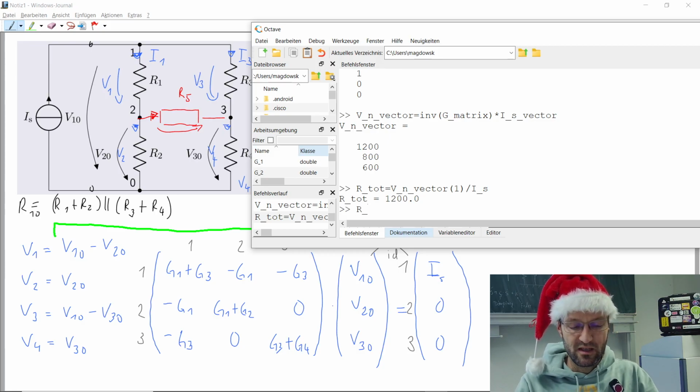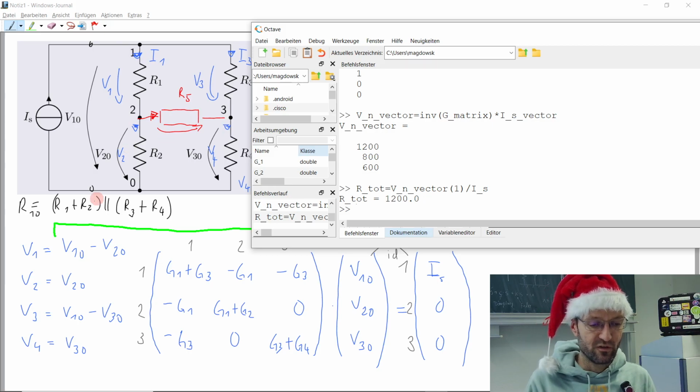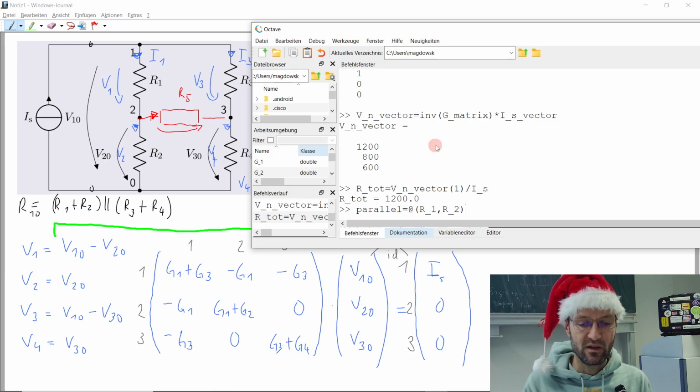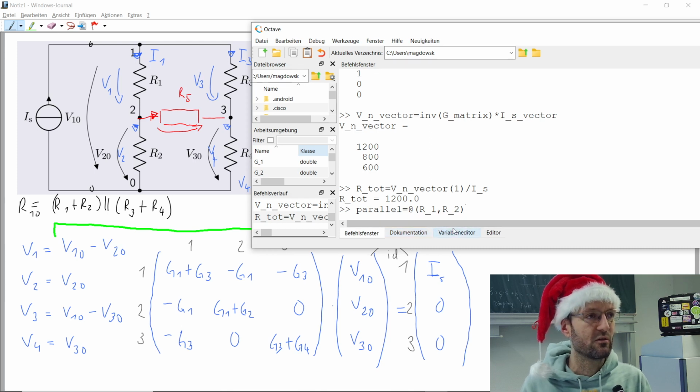If I would calculate the total resistance using the formula that we have over here, so once again, I will quickly write some function for the parallel connection of two resistors. So if we have two resistors in parallel, how would you calculate the parallel circuit?